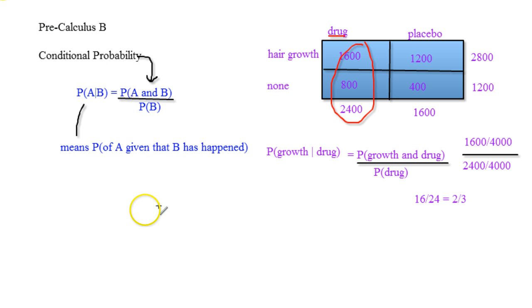Now, what you could also do is use a tree diagram. We would have two givens. The first part is the given, so it's the drug, and this one would be the placebo.